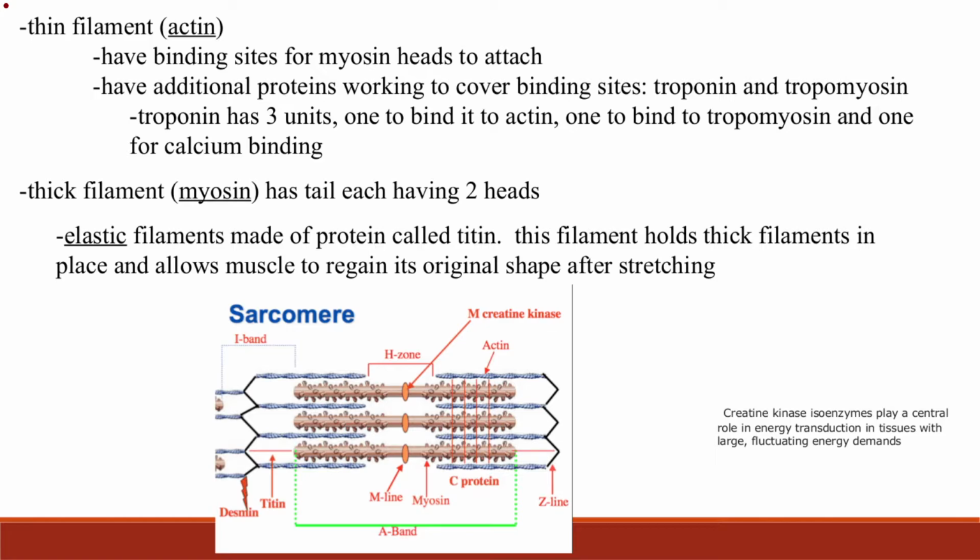And attached to the tropomyosin is another protein called troponin. Troponin is a small little protein, and it has three little parts to it. One that's going to bind to actin, one that binds to the tropomyosin, and the other one that is available for calcium. That's going to be important.